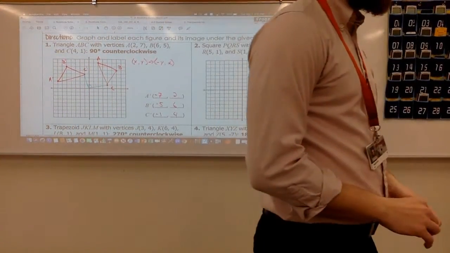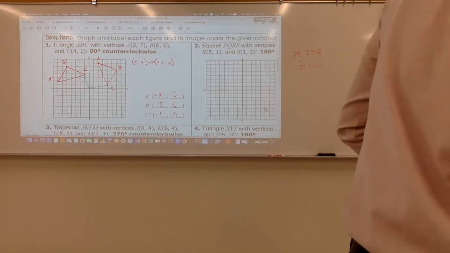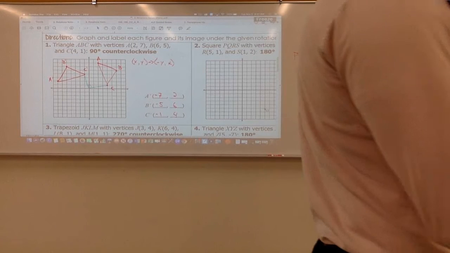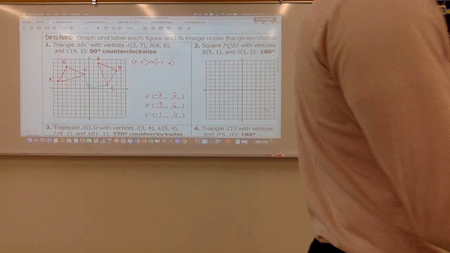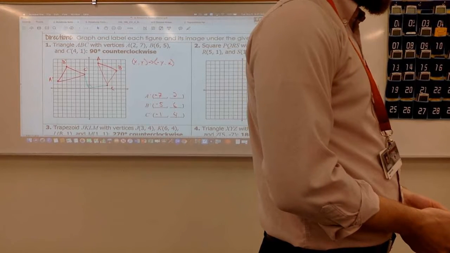So we just take the opposite sign. They both go to negative. So then they both go to negative. You just take the opposite sign.